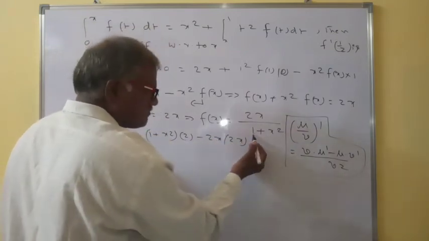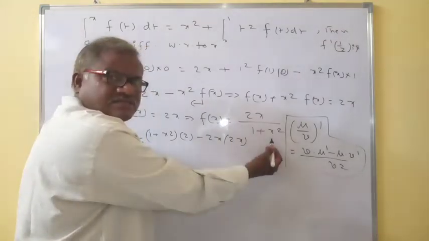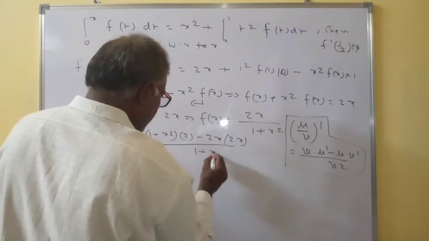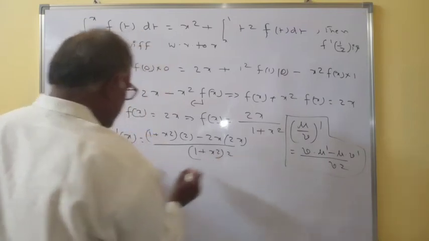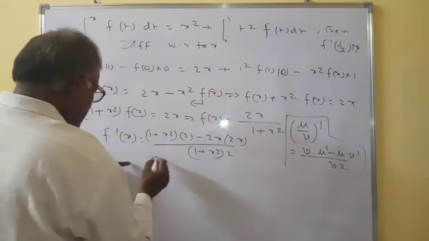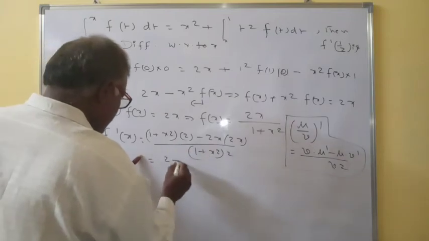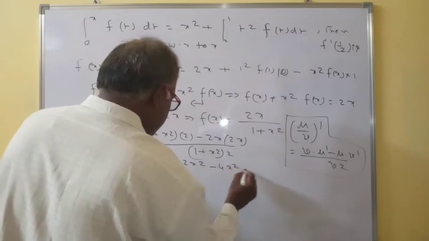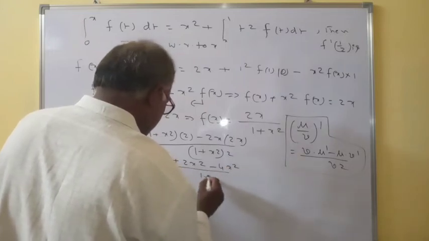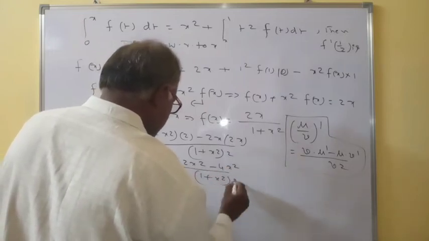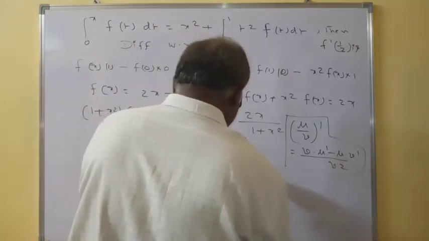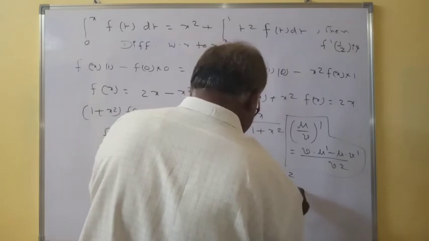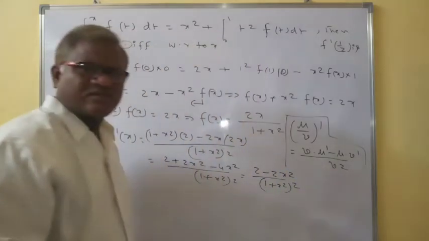The derivative of 2x is 2, and the derivative of 1 plus x square is 2x, over 1 plus x square whole square. Now simplify: 2 plus 2x square minus 4x square, by 1 plus x square whole square. So finally 2 minus 2x square by 1 plus x square whole square.